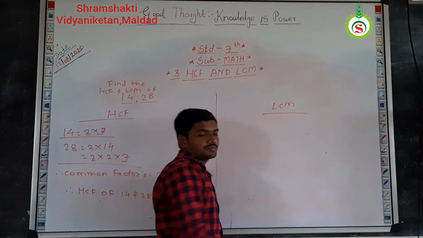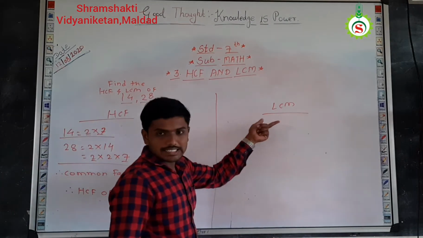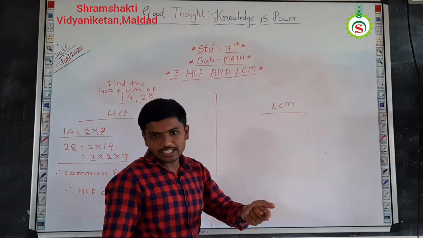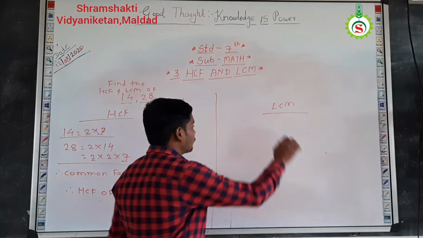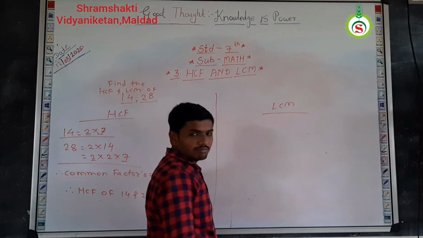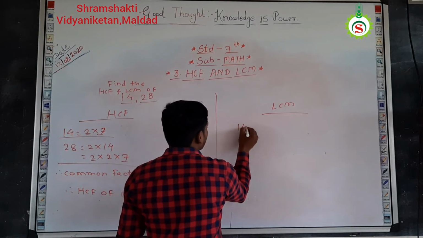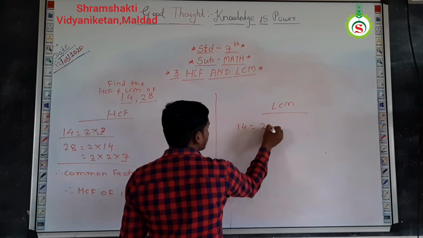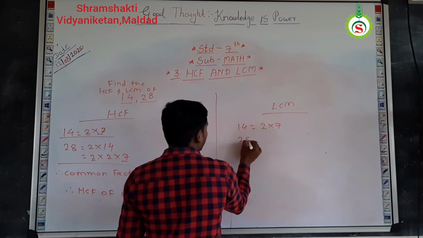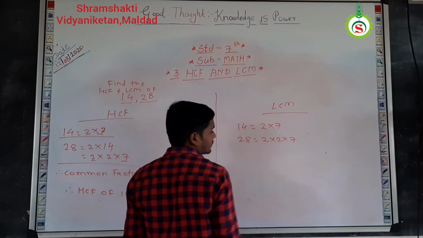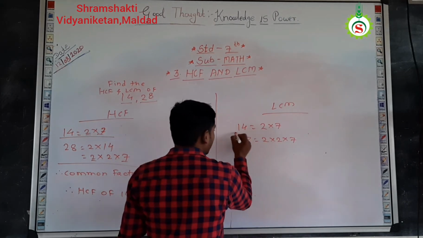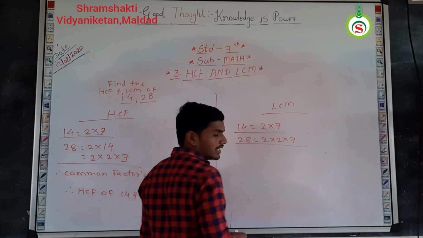Now the LCM. For finding the LCM, which is the method? Obviously factorization, because the division method is not useful for the LCM. So factorization, that means I have to take the factors of the given numbers. So the factors of 14 are 2 into 7, and the factors of 28 are 2 into 2 into 7. Okay, so those are the factors of 14 and 28.